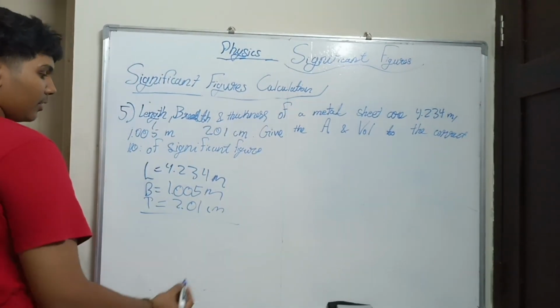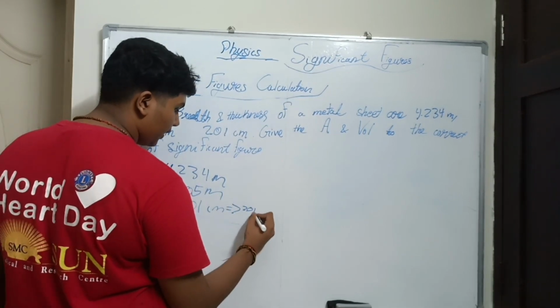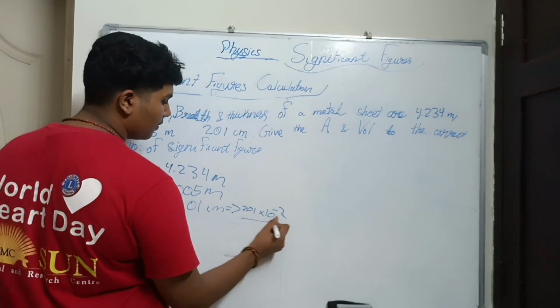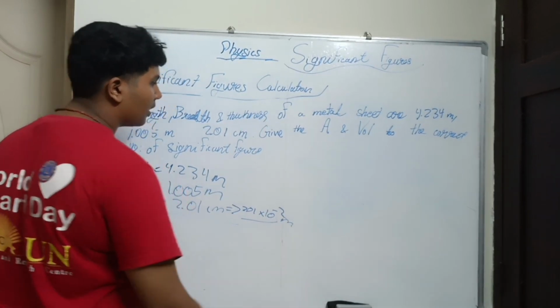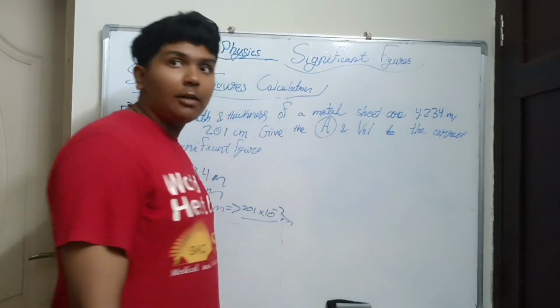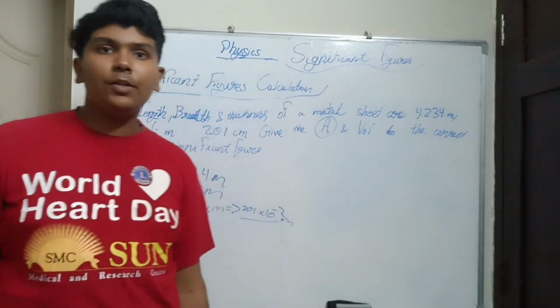This 2.01 centimeter we can convert into 2.01 into 10 raised to power minus 2 meter. Now this area is homework for you. I'll be giving you to find the area by yourself. Volume is what I'll be doing today.